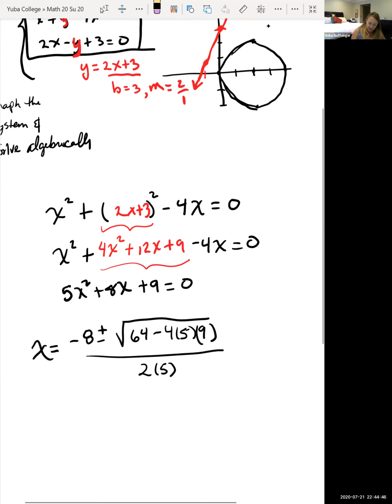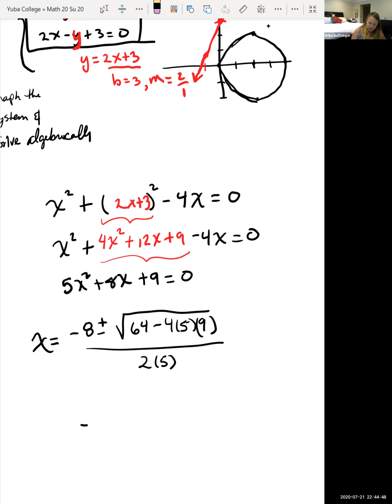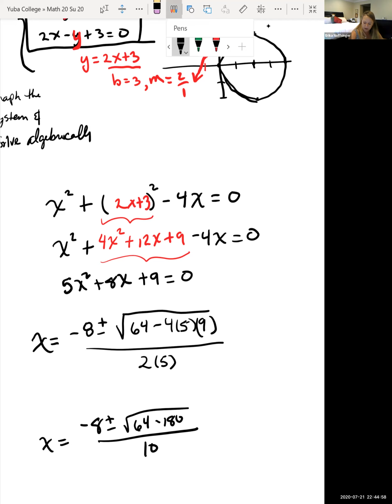So negative 8 plus or minus the square root of 64 minus 180 all over 10. That's less than 0 underneath our radical, so this is an imaginary number.